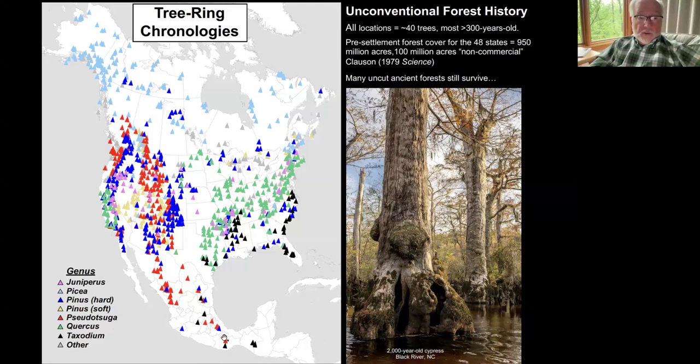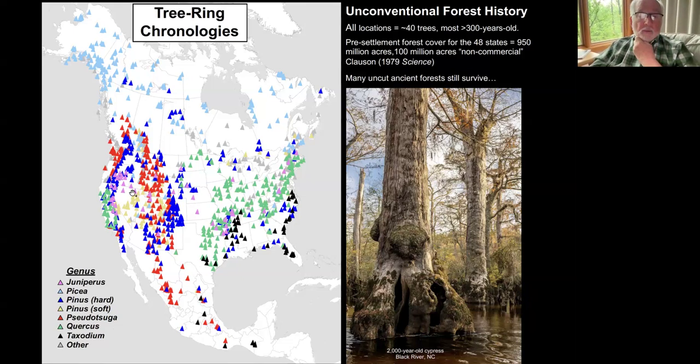The great Pseudotsuga menziesii in red here, that's Douglas fir. That's the most commercially important timber species on planet Earth. It's also fabulous for tree ring dating. And so these are places where dendrochronologists like myself have gone and taken core samples from old growth forests. These are all old growth forests.